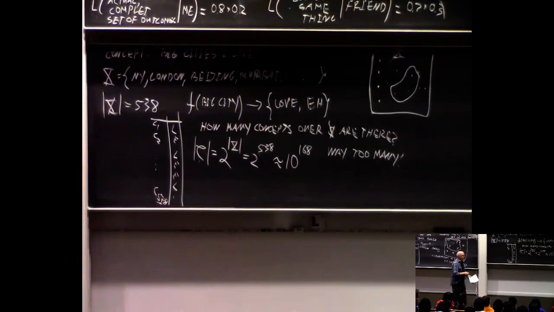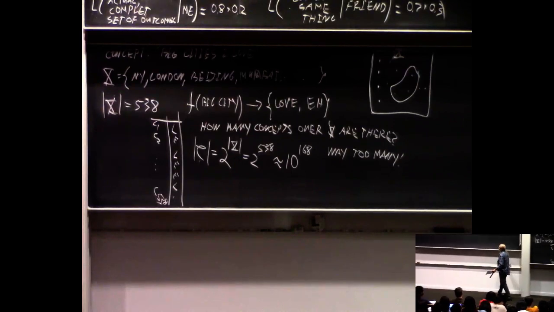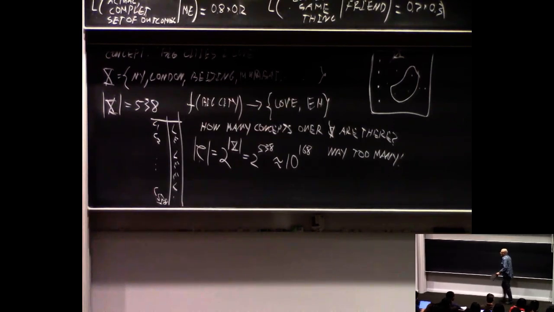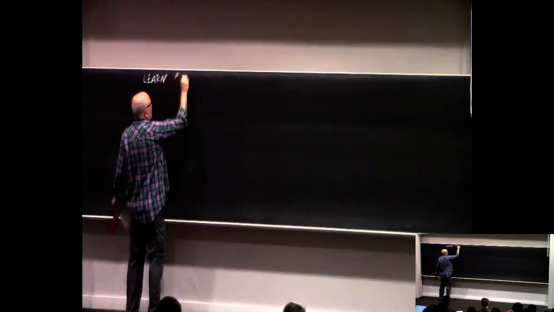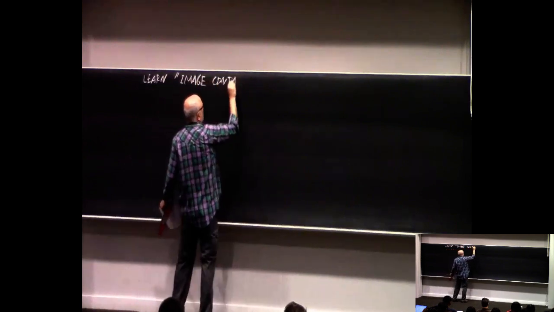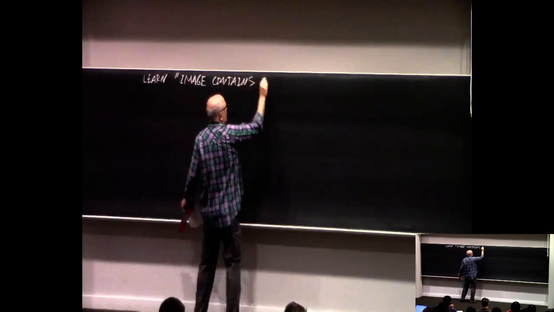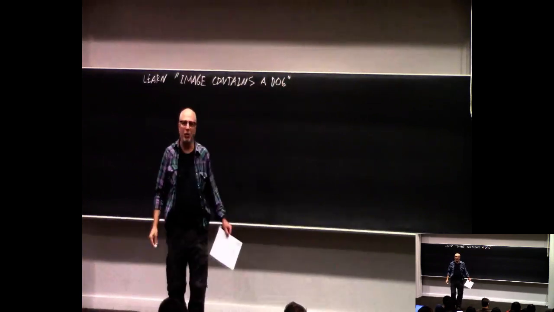Let me try one more example. Suppose we want to learn to recognize dog in images. Learn: image contains dog. So it's a very simple concept of binary classification.